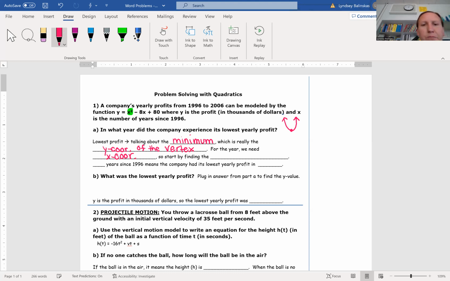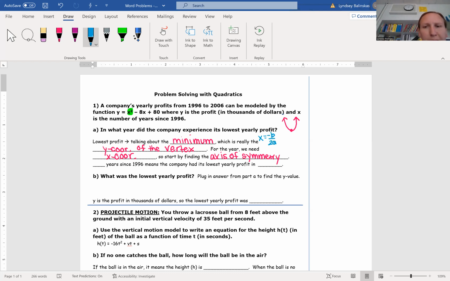of that vertex. And if we have this equation in standard form, what we really need to start by doing is finding that axis of symmetry. And that is that little formula of x equals negative b over 2a.